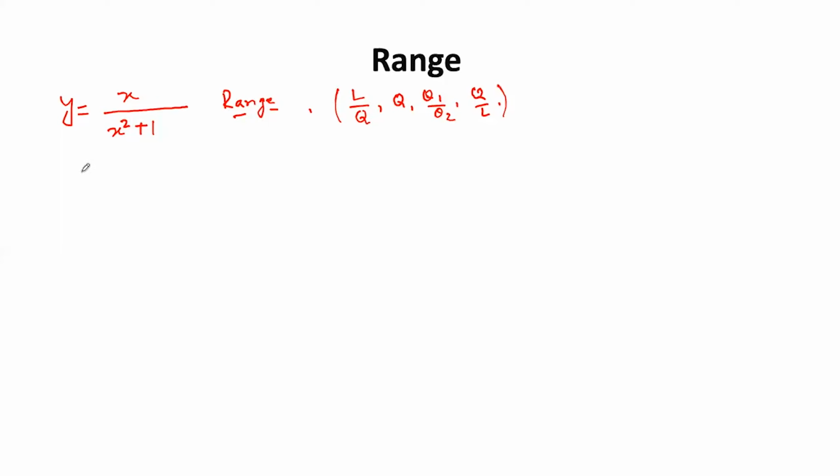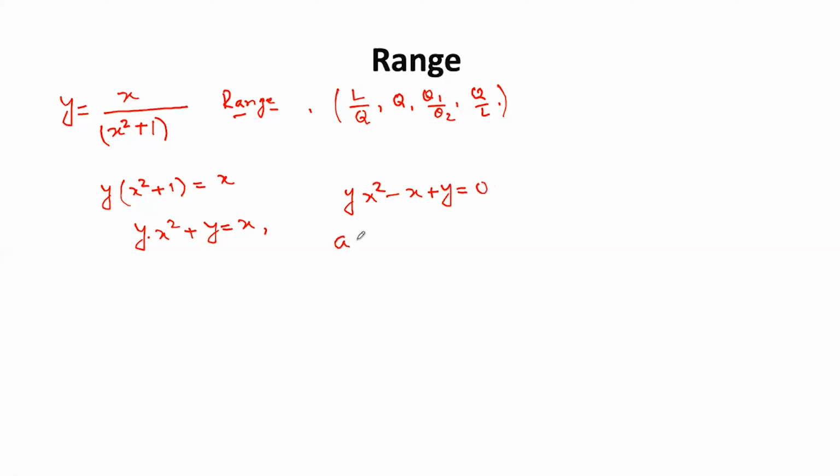What is this method? See, cross multiply by x square plus 1, we are getting y into x square plus 1 is equal to x only. Now y into x square plus y is equal to x. Now rearrange the complete equation as yx square minus x plus y is equal to 0.